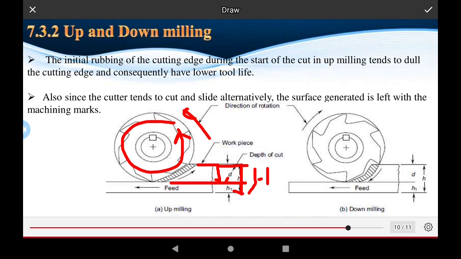Since the cutter tends to cut and slide alternately, the surface generated is left with machining marks.